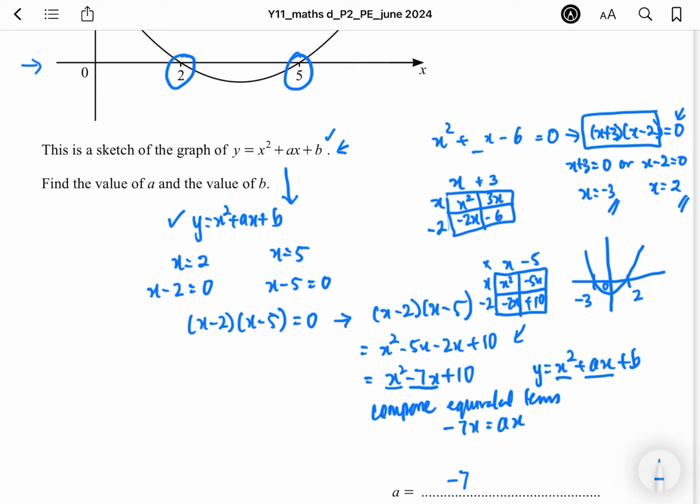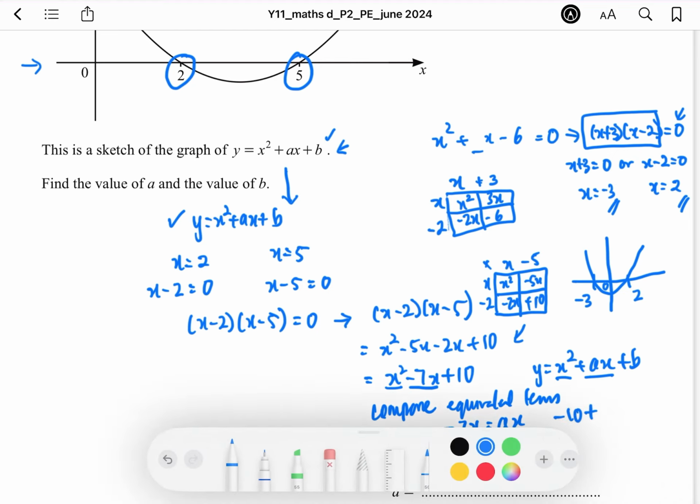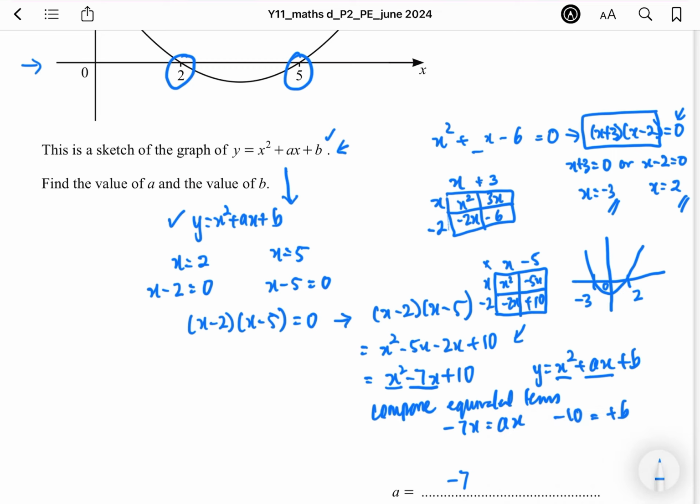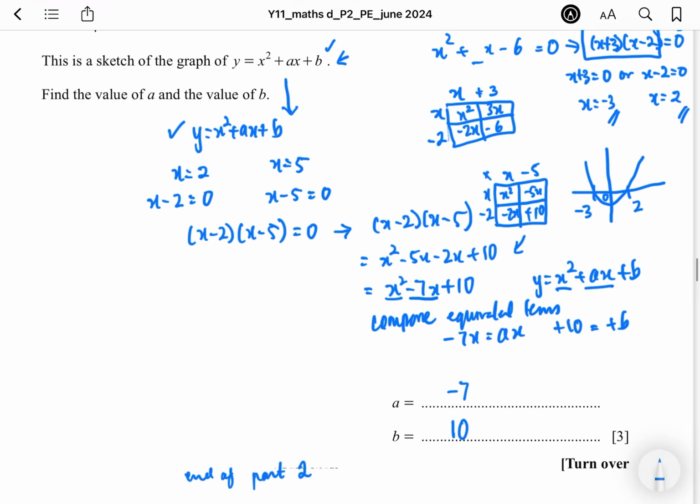That means your a is equal to minus 7. And then plus 10 is equal to b. That means b is equal to 10, and that would be your solution. Okay, so that's the end of part 2.